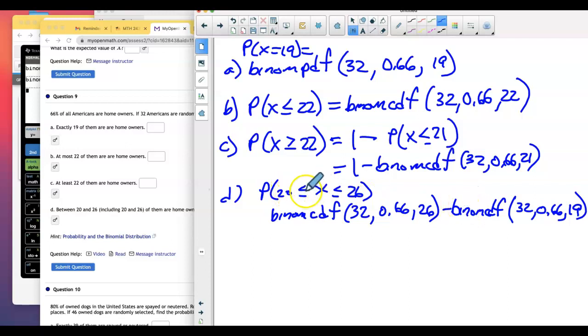We don't want to take away 20 because 20 is involved in this. It says it can be equal to 20.